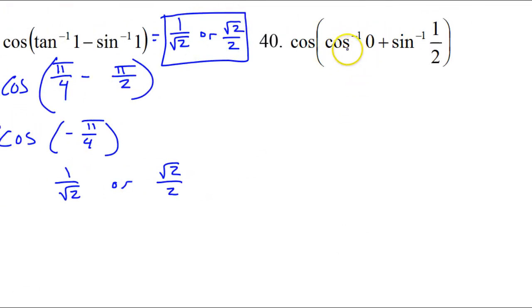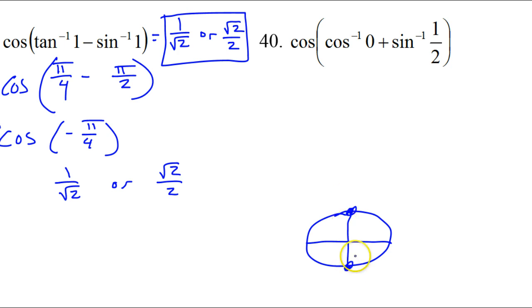All right, last one. Inverse cosine of 0. This is the angle whose cosine is 0. So what angle has a cosine of 0, you say? Well, cosine is the x value on the unit circle. So what angle has an x value of 0? Well, that would be here and here.